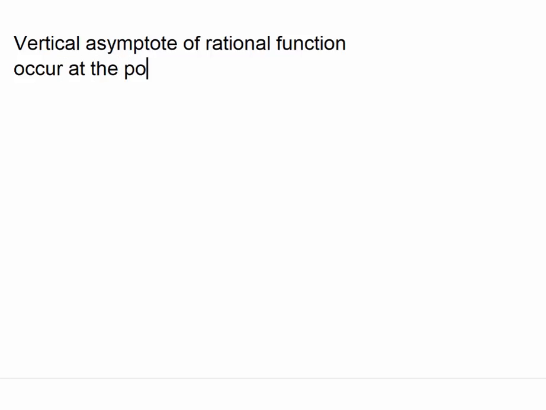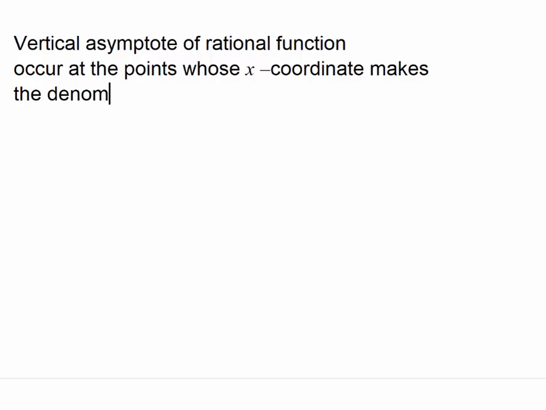Vertical asymptotes of a rational function occur at the points whose x-coordinate makes the denominator 0 but the numerator non-zero.